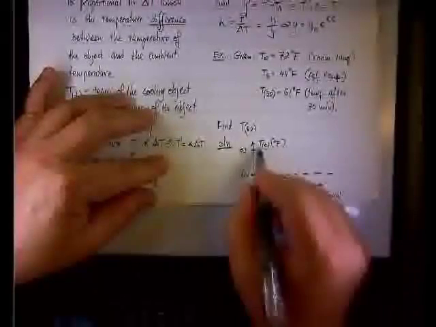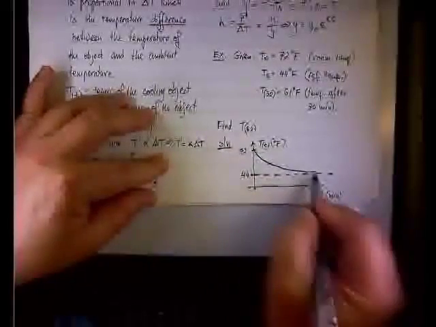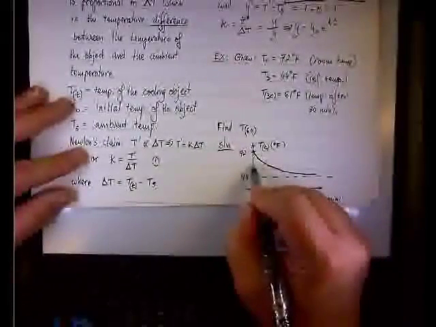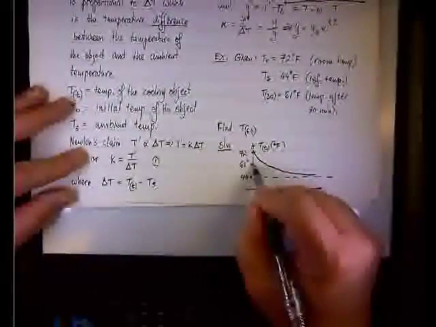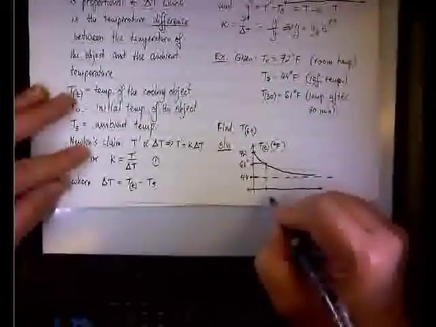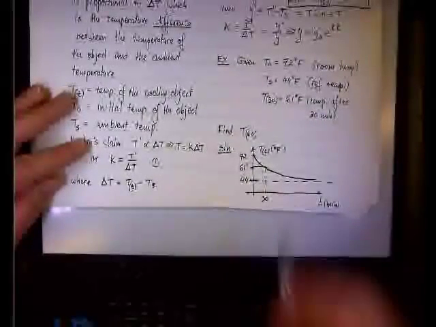So we start with room temperature here, and the temperature is going to drop like so, and we know that after 30 minutes it will be 61 degrees. So let's put 61 right here. So this is after 30 minutes. Okay? And we want to know what happened after 60 minutes.